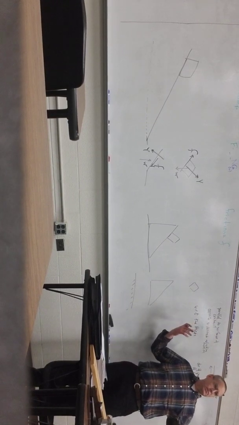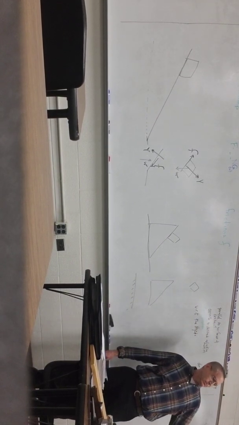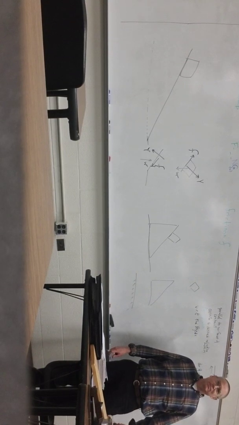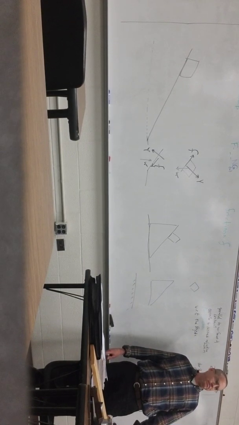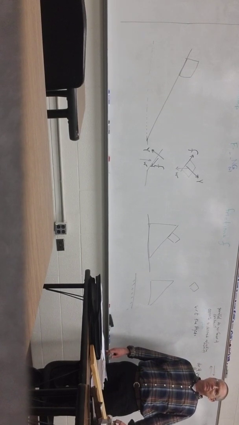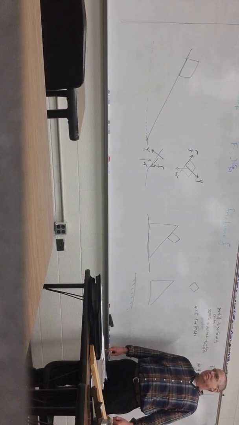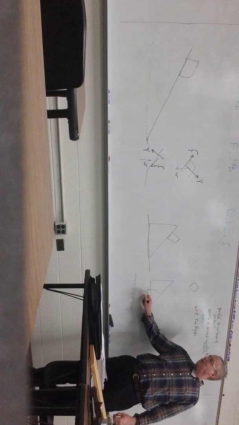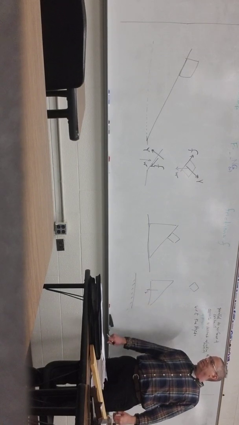All right, so I have box and ramp. Somebody, new voice, somebody who has not spoken up yet. There would be weight pointing down, being exerted on the ramp, or no, on the box.